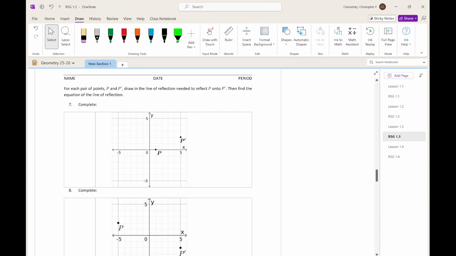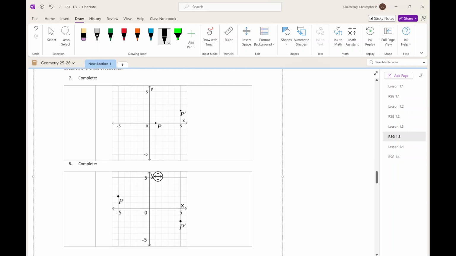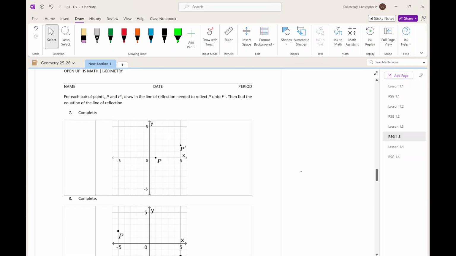For 7 and 8, for each pair, P and P prime, draw in the line of reflection needed to reflect P onto P prime. For these ones, we do have nice clean points, so we're going to be able to draw an exact line of reflection and get that equation.